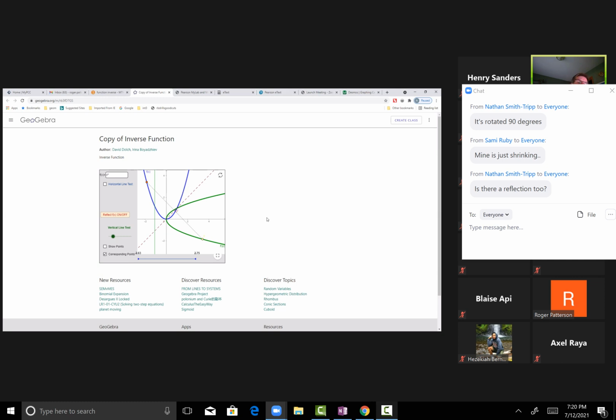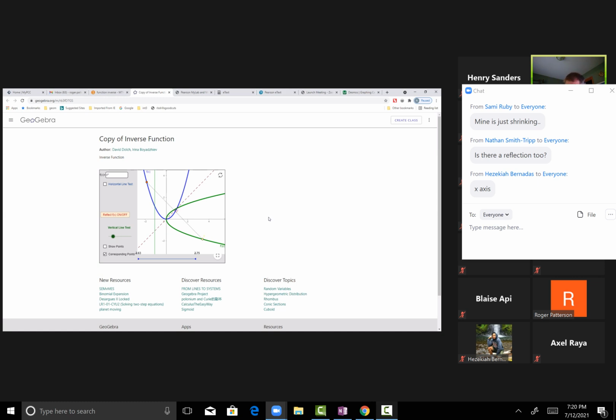Over what line is that a reflection of? Which line is it reflecting over? X-axis? Does everybody else think that?